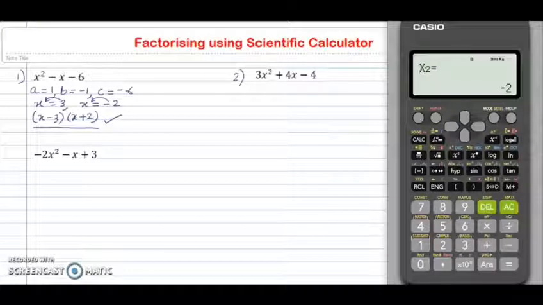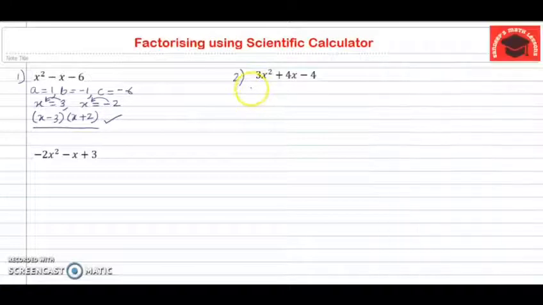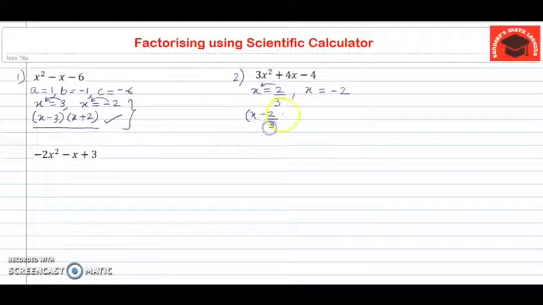So the two roots are x is 2 over 3 and x is -2. So if I apply the same rule, I take the 2 over 3 to the other side and I make it x minus 2 over 3. And I take this -2 to the other side and it becomes x plus 2.